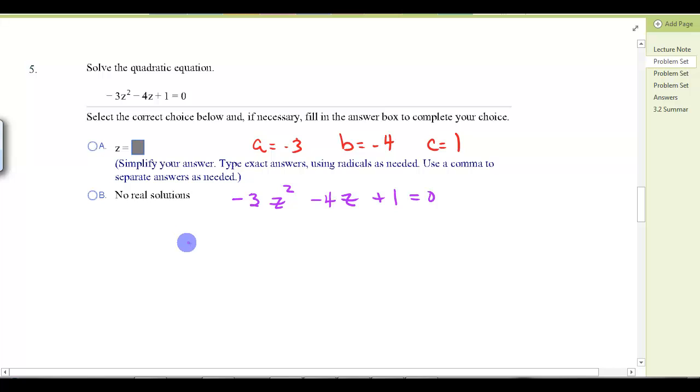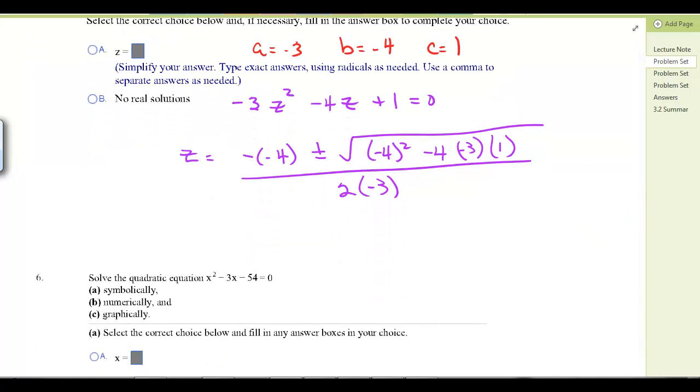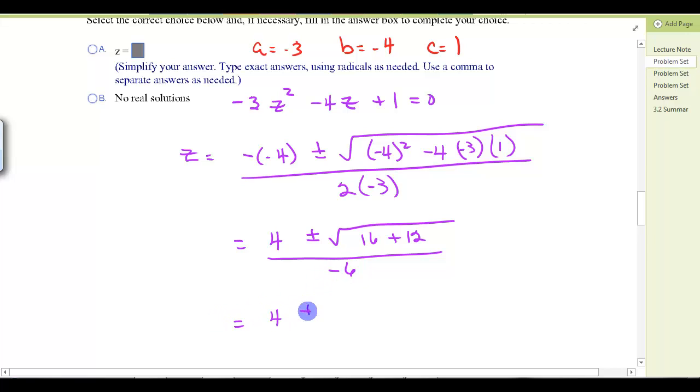All right, so I've got x equals negative 4 plus or minus square root of negative 4 squared minus 4 times negative 3 times 1, all over 2 times negative 3. All right, so that equals 4 plus or minus square root of 16 plus 12 over negative 6. And that's 4 plus or minus square root of 28 over negative 6.